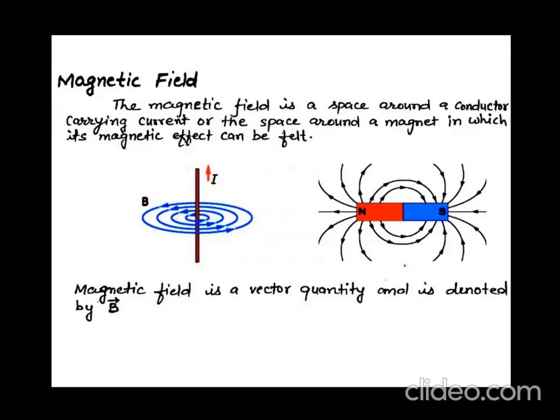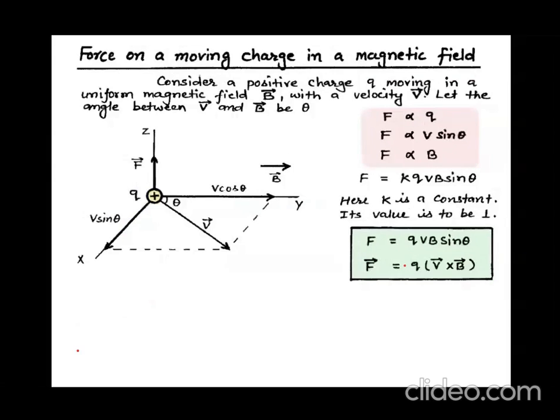Magnetic effect can be magnetic force of attraction or it can be the force of repulsion. That area we will call the magnetic field. Now magnetic field is a vector quantity and it is denoted by capital B, right children?